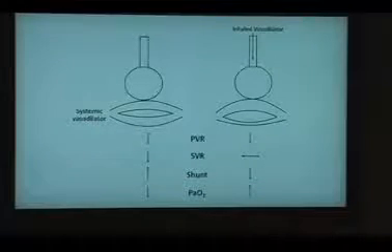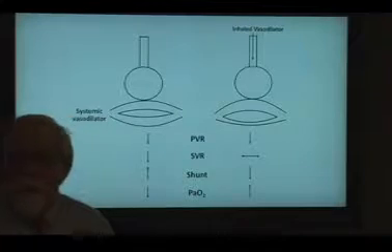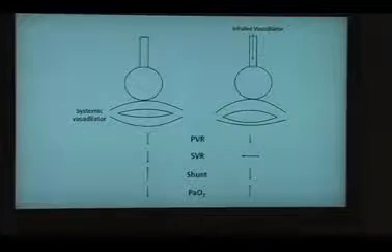So maybe a take-home point from this slide is that systemic vasodilators increase the shunt in patients with lung disease, such as patients with ARDS, and that makes their blood gases worse. It's been known for 40 years that if you administer nipride to a patient with ARDS, their oxygen saturation, their PO2, gets worse. So it's not a good idea to administer a drug like nipride to a patient with pulmonary disease.